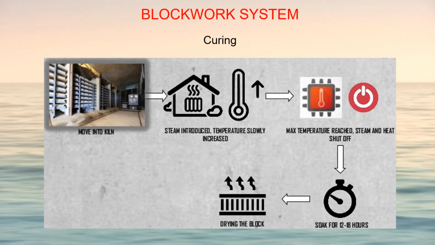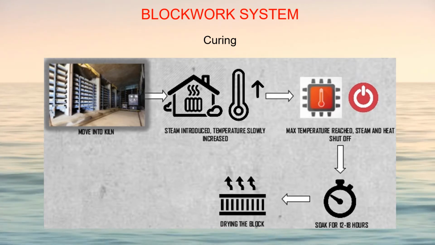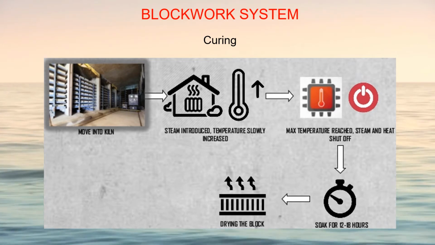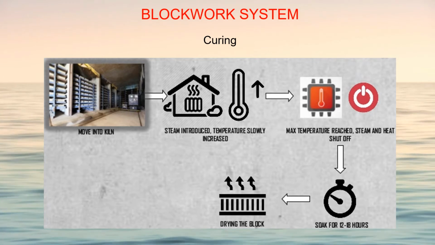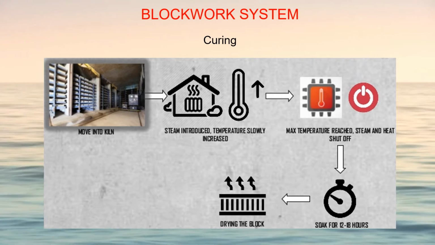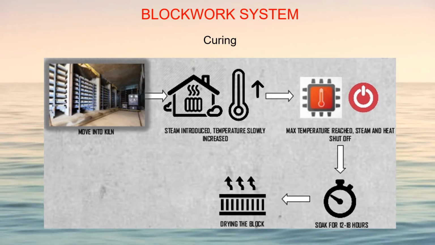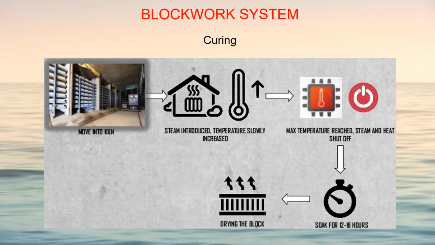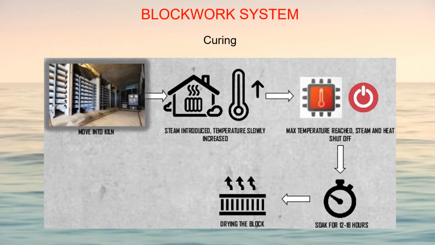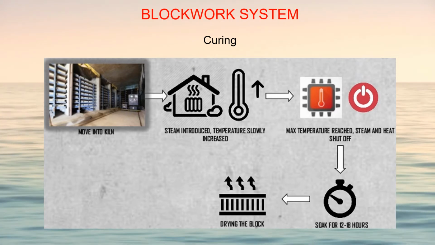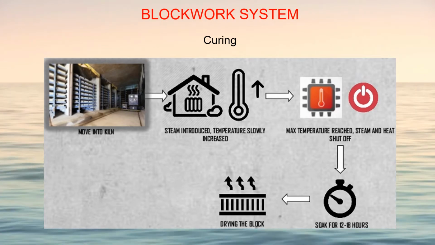Shut off heat and steam when maximum temperature is reached and soak blocks for 10 to 18 hours in the hot, moist air. The moist air is exhausted out of the kiln where temperature increases to dry the block. Curing continues for 16 to 24 hours at high humidity and an average temperature.